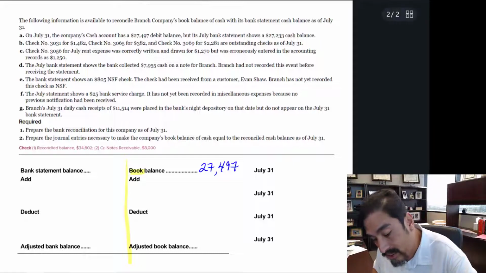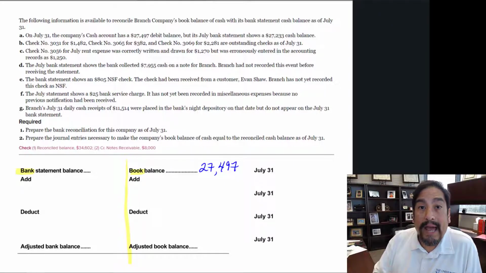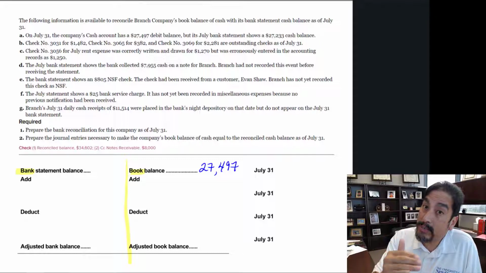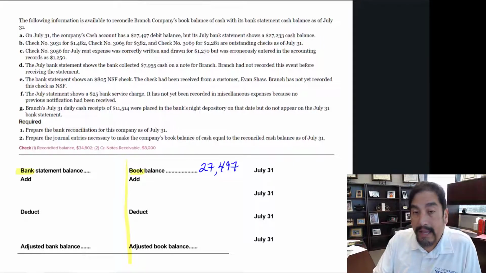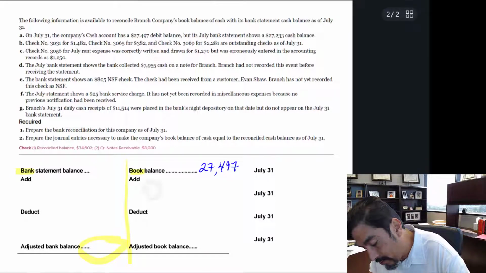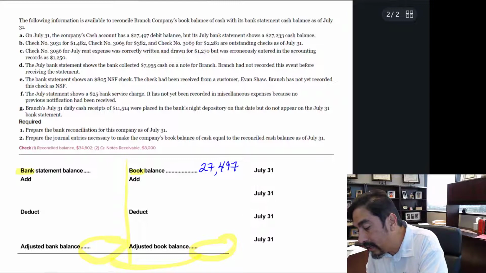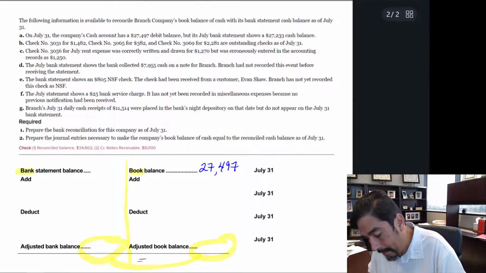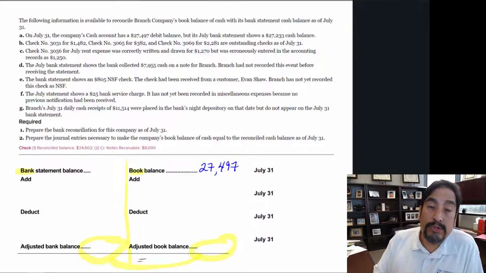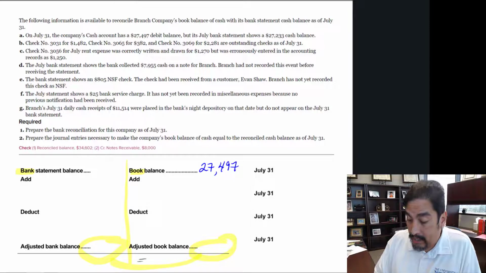And then the other side shows what the bank says we have in cash. And then we make adjustments to that for things that the bank doesn't know about. And then that'll also result in an adjusted cash balance. And then we compare these two numbers together. And they need to be equal to each other. And when those two adjusted balances are equal to each other, then our bank reconciliation is done.